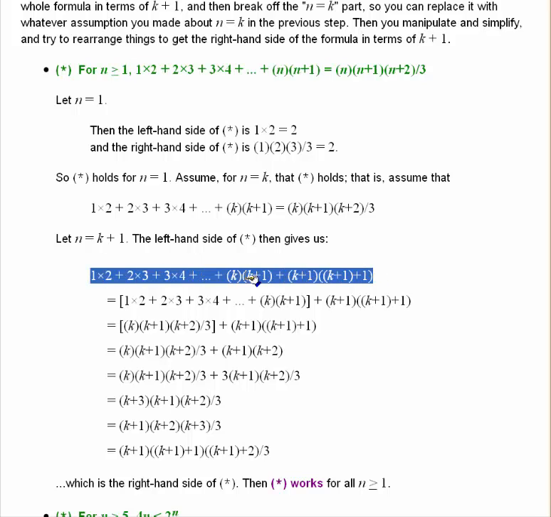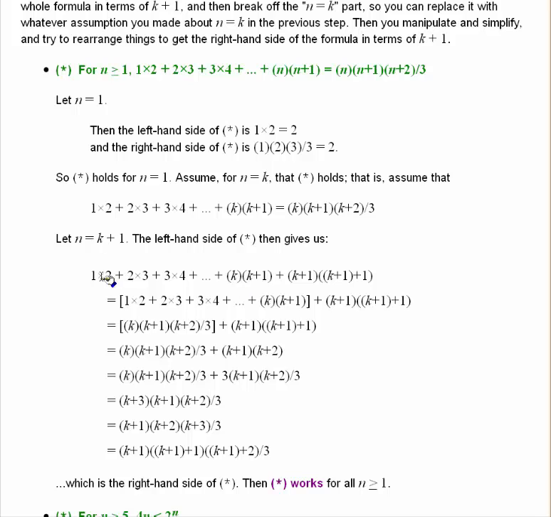Now notice she put the dot, dot, dot. She wrote the second to last term in addition to the last term. And the reason she did that was that this part is exactly what we assumed for n equal to k. Notice that this part is the same as this part here.